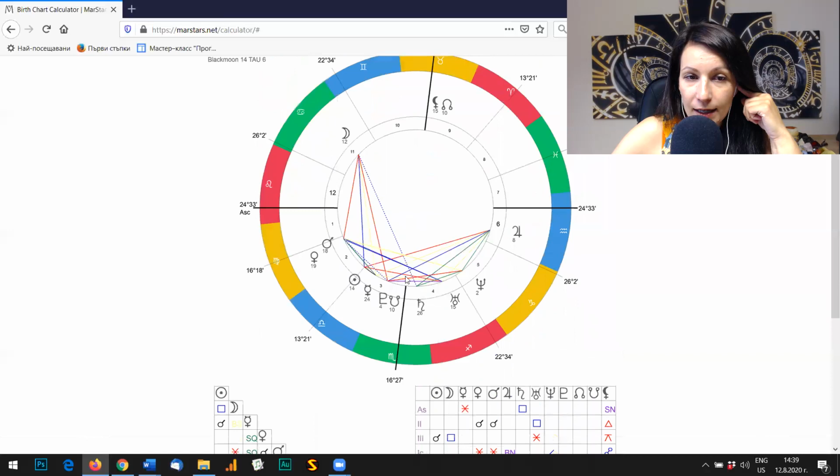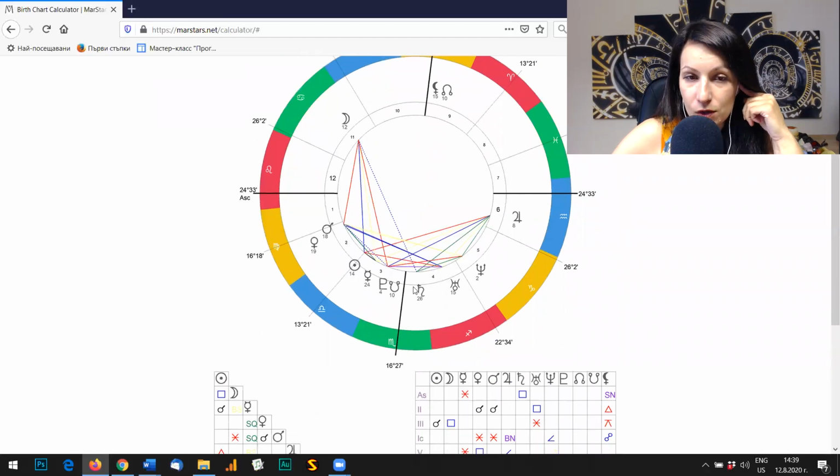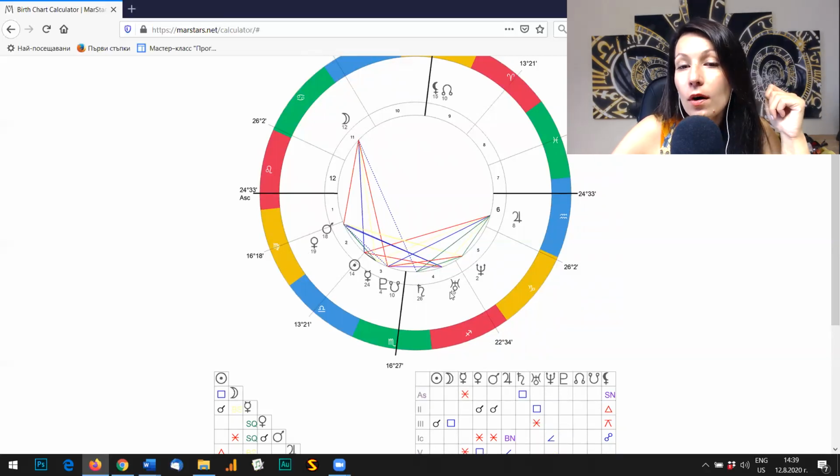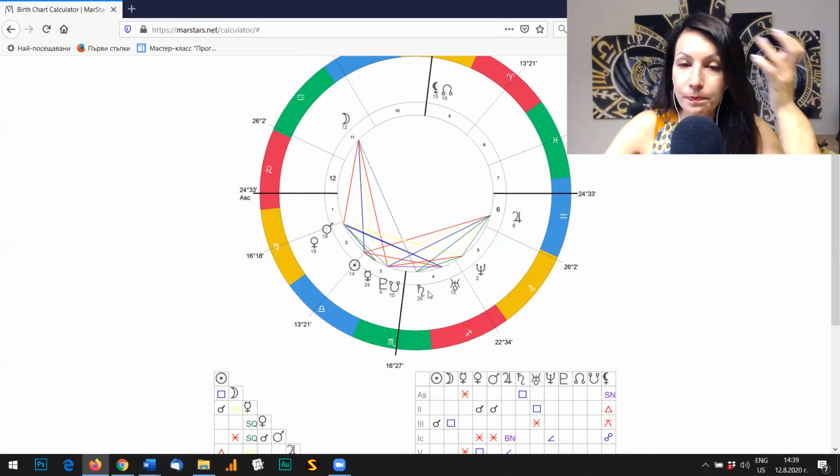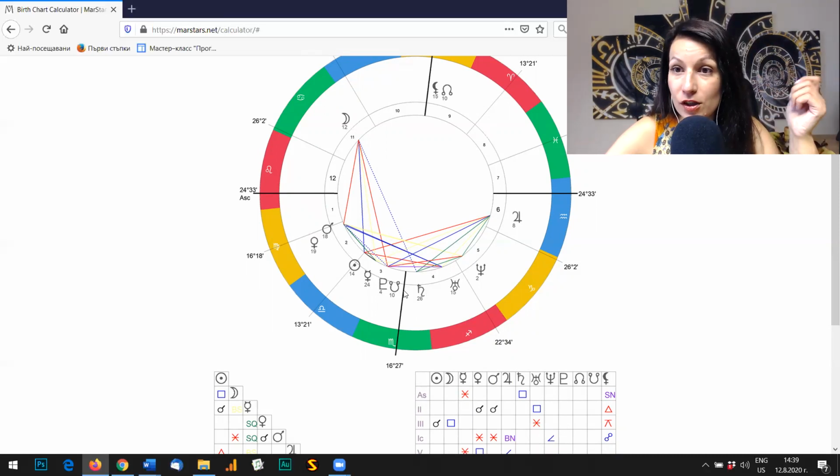On top of that, Venus also has a square with Uranus, which can bring some kind of emotional frustration, it could be too many surprises or emotionally shocking events within the family. Or literally, there could be lots of changes for this family.